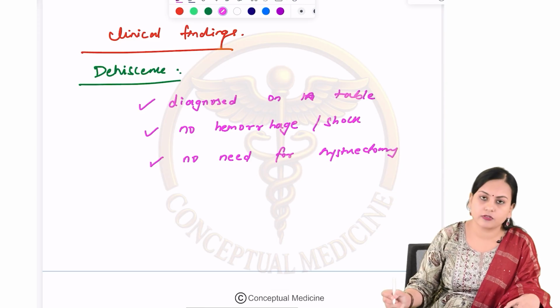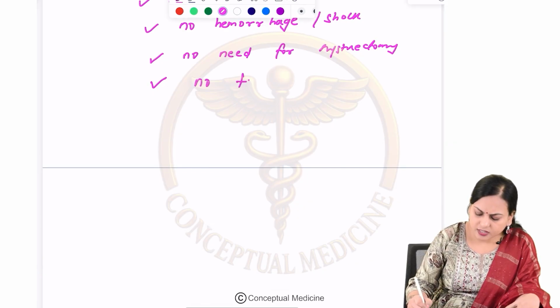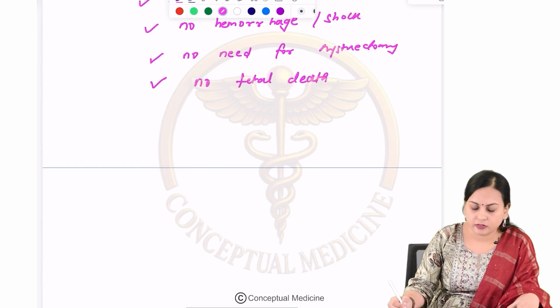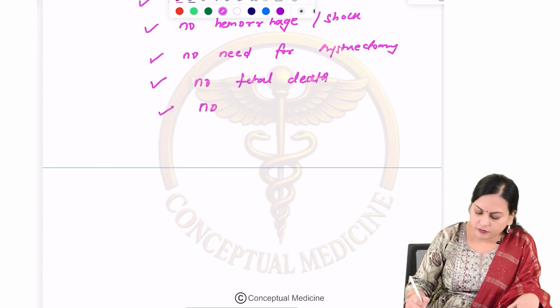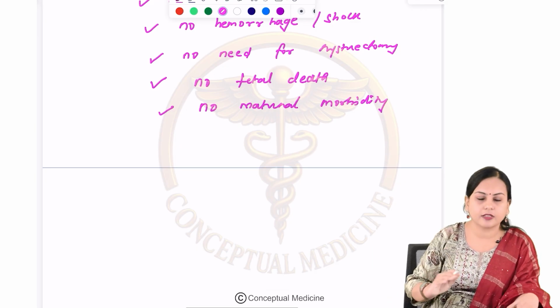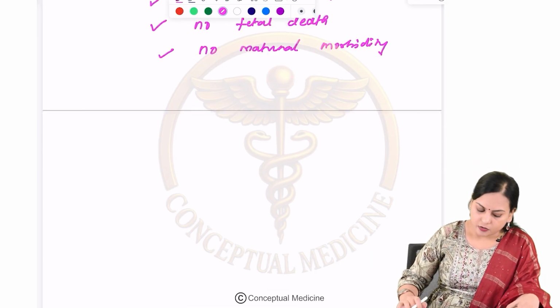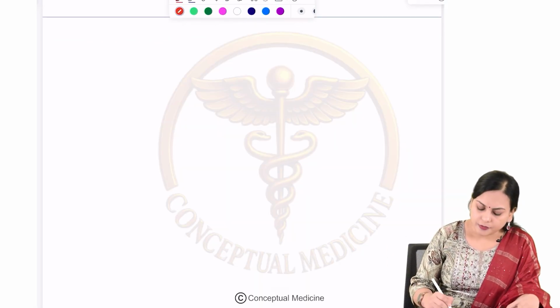As you see this, don't rush to do hysterectomy in that woman, and there is no risk for the fetus also, no fetal death or a change in FHR or anything, right. And for the mother also, there is no complication, no maternal morbidity or mortality, and the vitals will be stable for the mother as well, right. Now, we will see rupture.